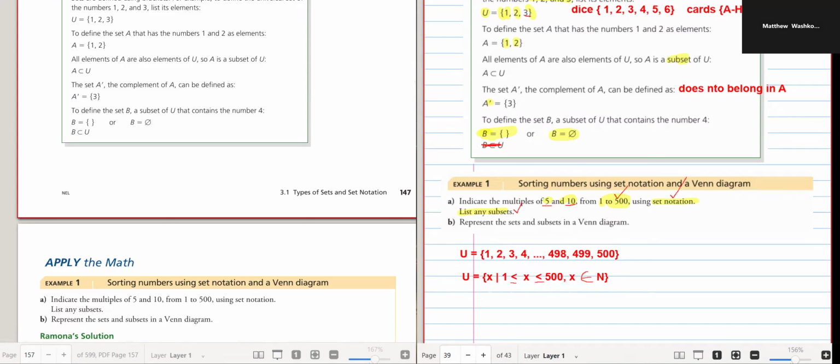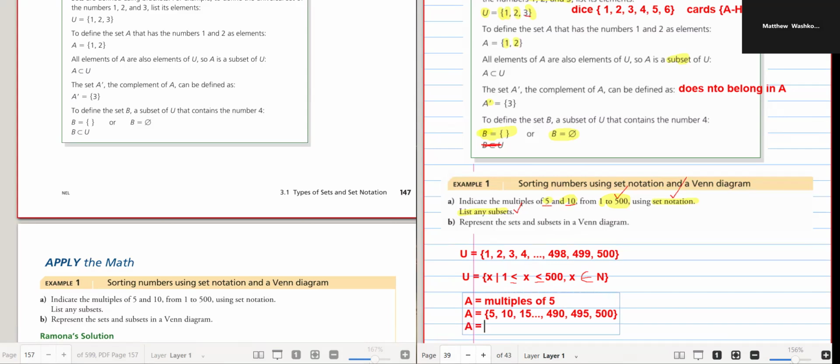So let's do that. I'm going to say A. So A is going to be our multiples of 5, right? Just for context. So A is equal to the set, right? It's 5, it's 10, it's 15, so on and so forth until you get to 490, 495, 500, okay?